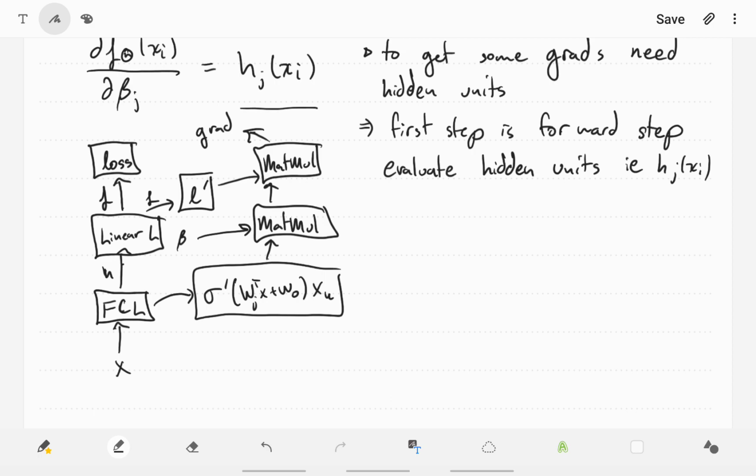Right? And so that's the basic idea behind automated differentiation.